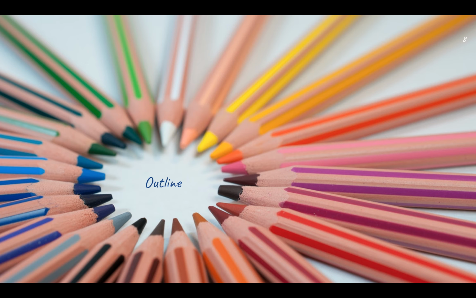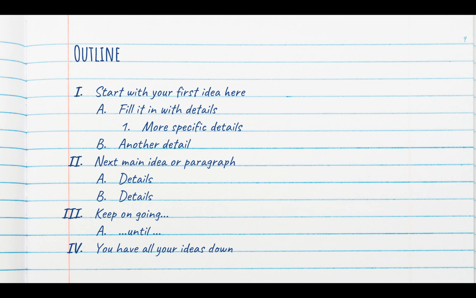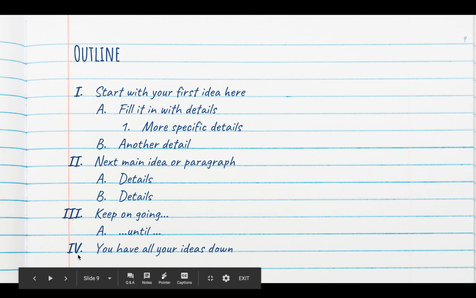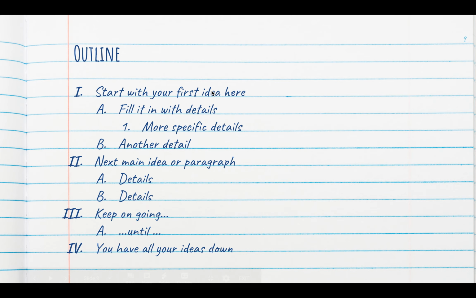And then finally, we have an outline. For our people who are super organized, this could be a really beneficial way to start planning your papers. What you do is you have your Roman numerals, and those represent the really big ideas of your paper. Then you have your first idea, and you start to fill it in with details.